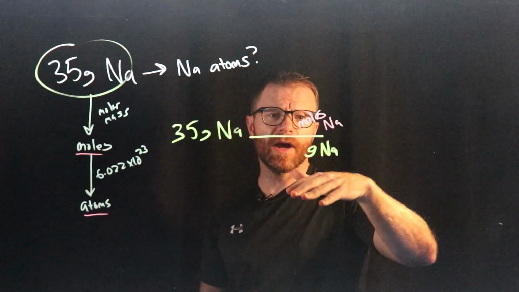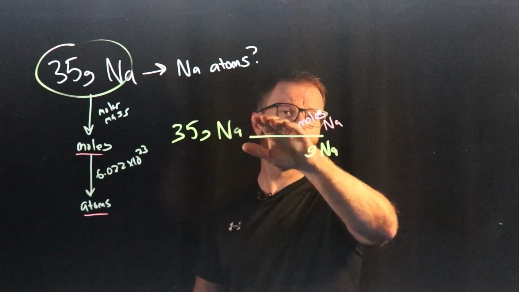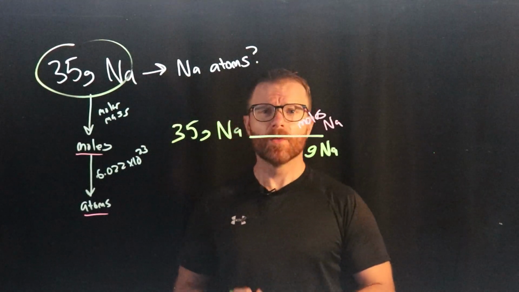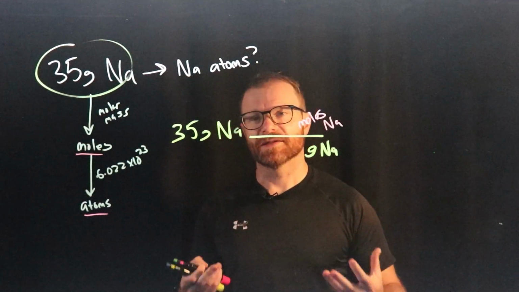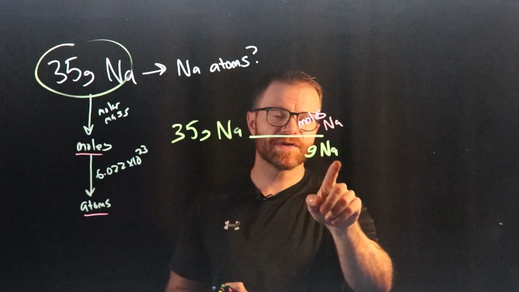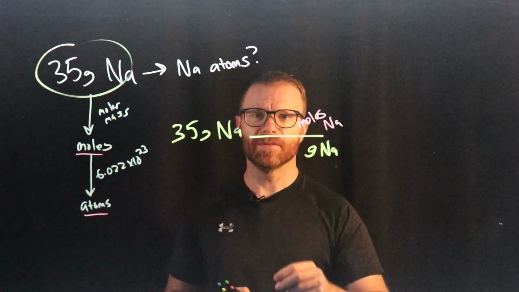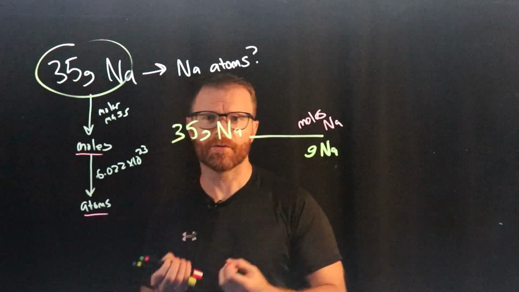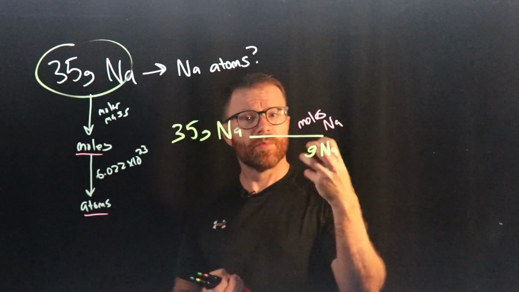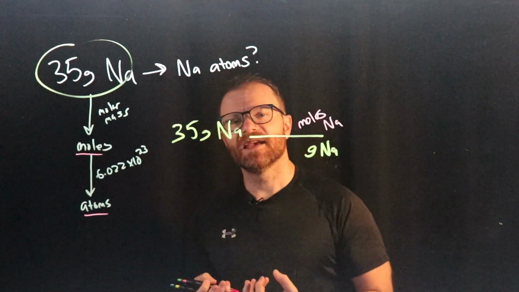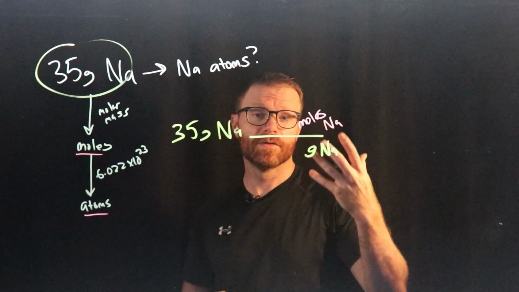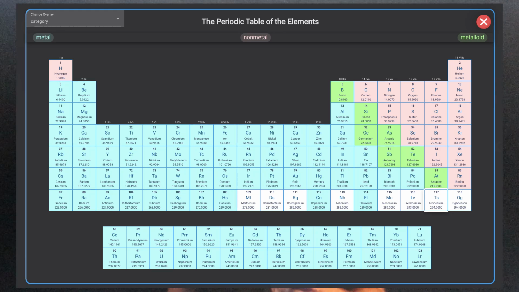And in order to know how many grams 1 mole of sodium is, we just look at the molar mass of sodium. And for a pure substance, like pure sodium, instead of a compound like water or NaCl, the molar mass is exactly the same as the atomic mass. So all we have to do is look in the periodic table, and we see that the atomic mass of sodium is 23.